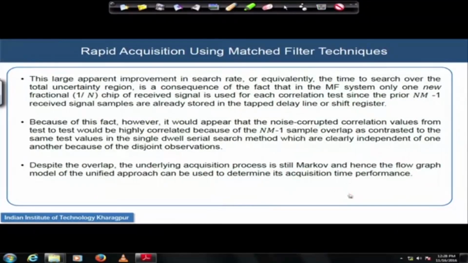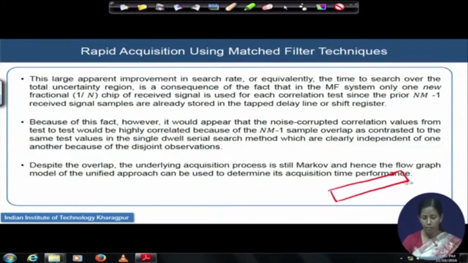So if it is N into capital M chips, the shift register you have seen at the top in the shift register based architecture has a storage capacity of capital N into capital M sub-chips. Instead of every single bit being changed at every instant with every clock pulse, the remaining capital N into M minus 1 chips remain as they are, like the earlier circle. Only one chip at every moment enters as a new chip inside the shift register.